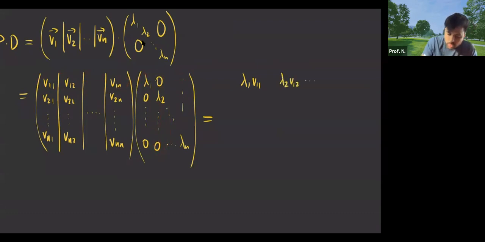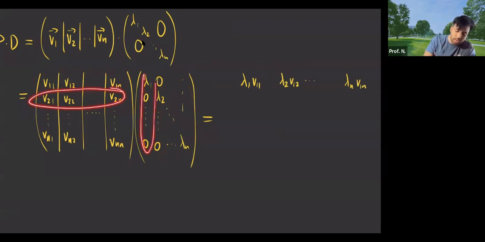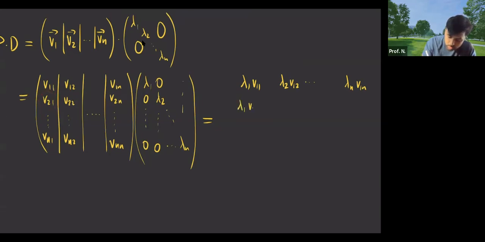First row, last column: the zeros cancel everything out except for V1n, so this would be lambda n V1n. Then second row, first column: the second row only deals with the first entry, so this would be lambda 1 V21. This would be lambda 2 V22, and so on and so forth.